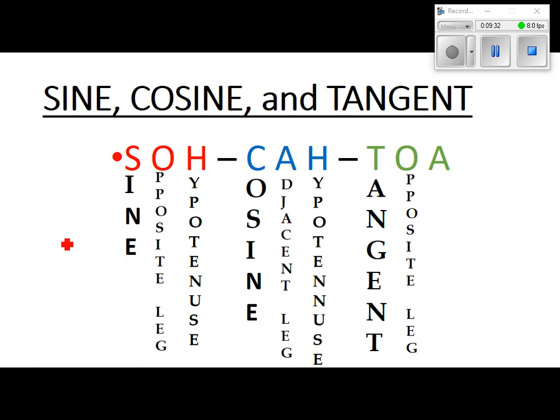And over the adjacent leg. So SOHCAHTOA, just the same to help you remember it. Sine is opposite over hypotenuse. Cosine is adjacent over hypotenuse. TOA, tangent, is opposite over adjacent.